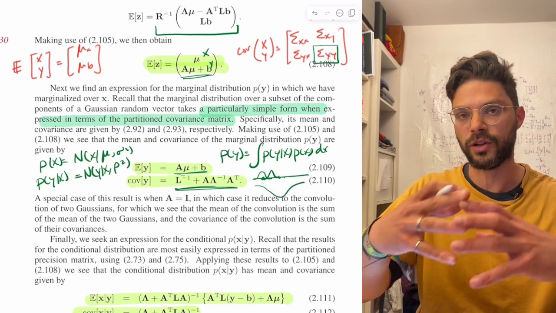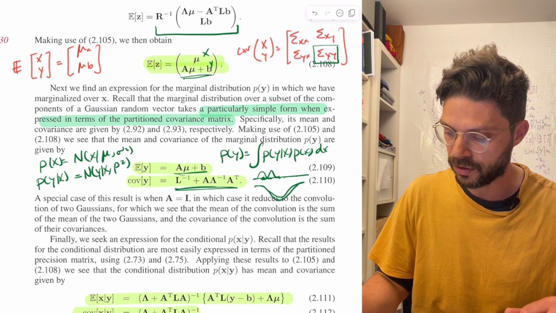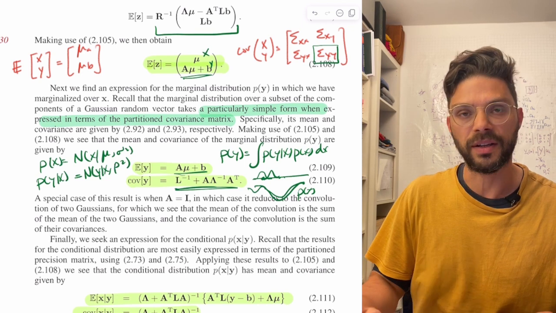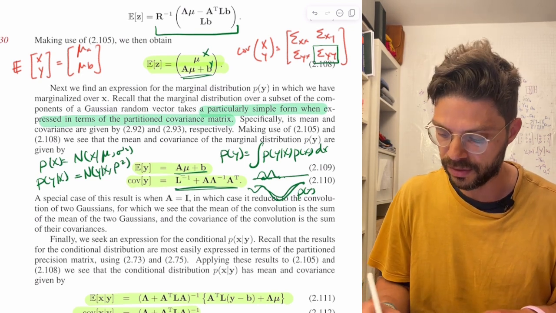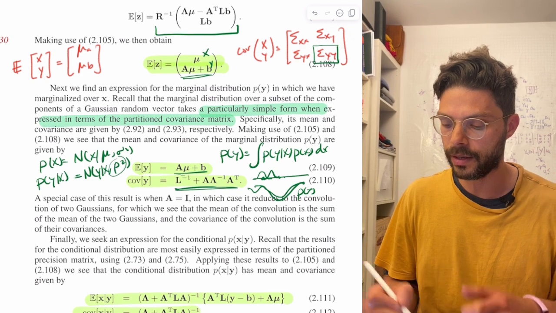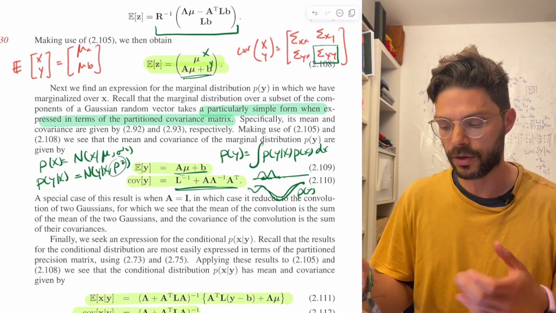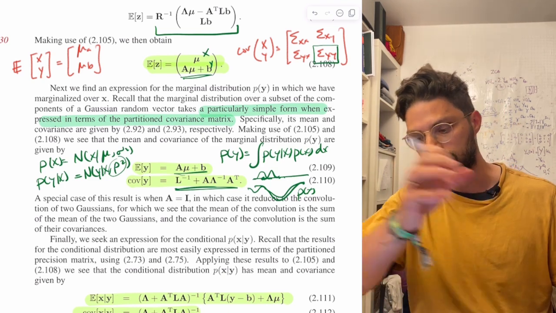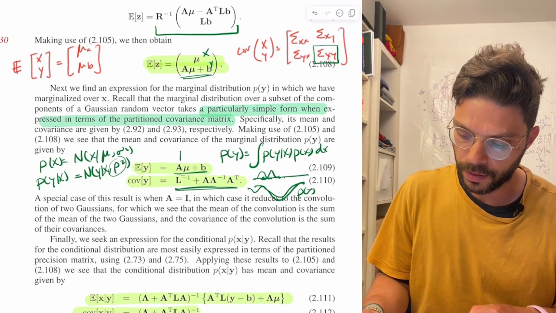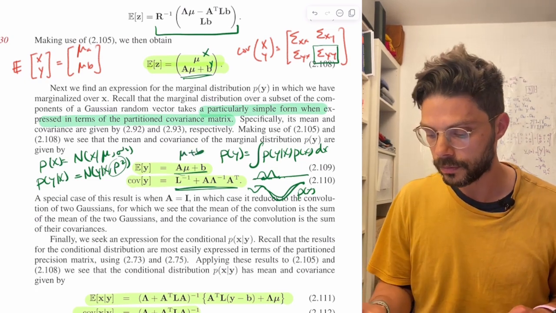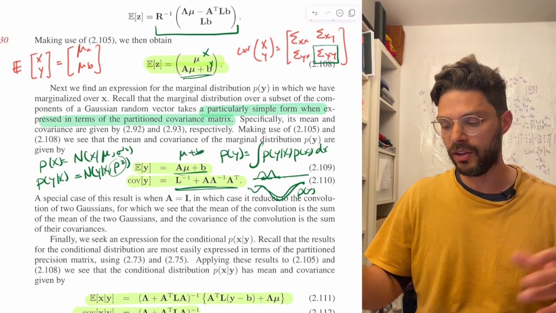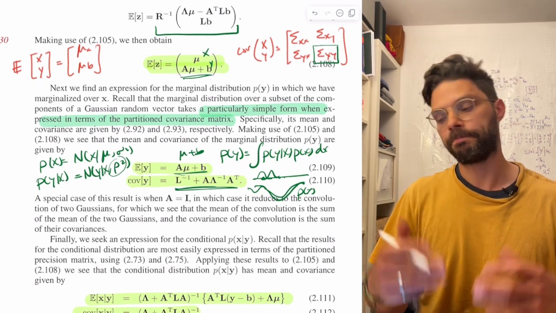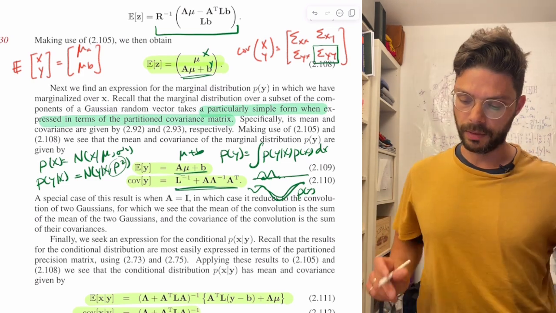So you essentially smear p of x with little Gaussians that have variances corresponding to rho squared, and the result he's referring to is that the mean of the resulting smearing will be the sum of the means, and the variance will be the sum of the variances. So I think that's all he's talking about there.